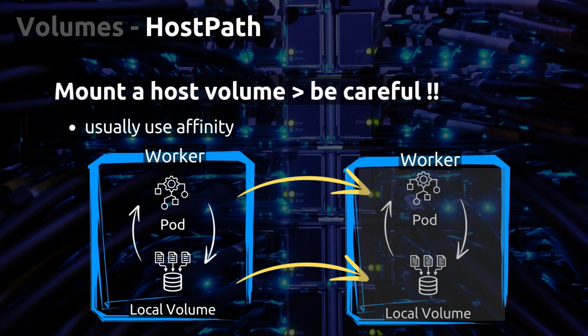What is the Hostpath? This is just a mount on the local host, like the name lets us think, and this is maybe a little bit like the empty dir, but specifically on disk. The volume is not dropped. This is not an ephemeral volume, not a temporary volume.